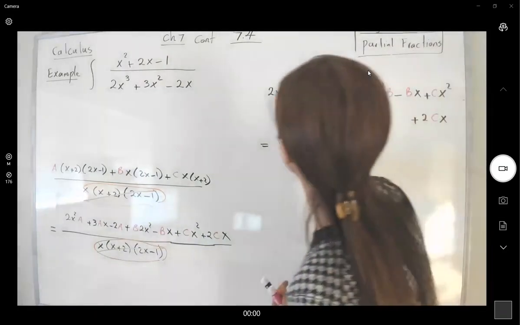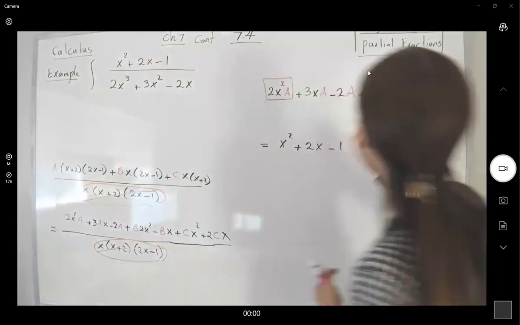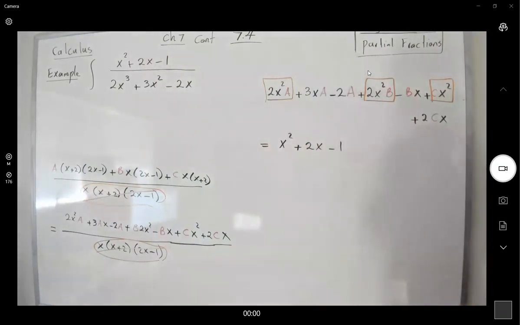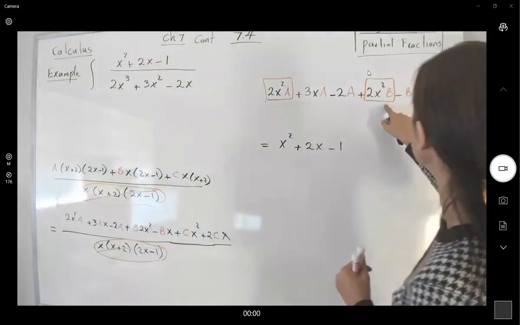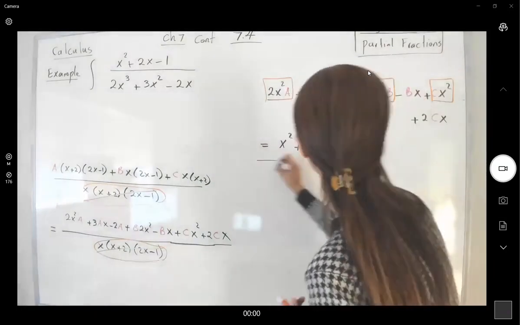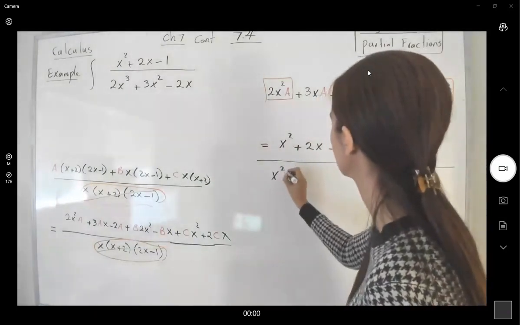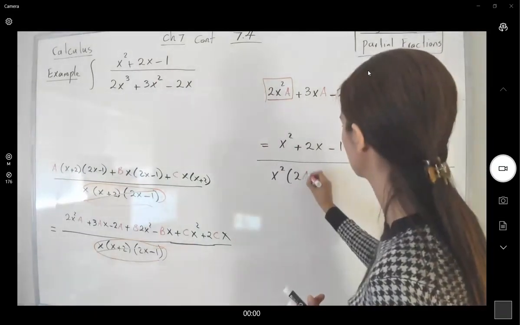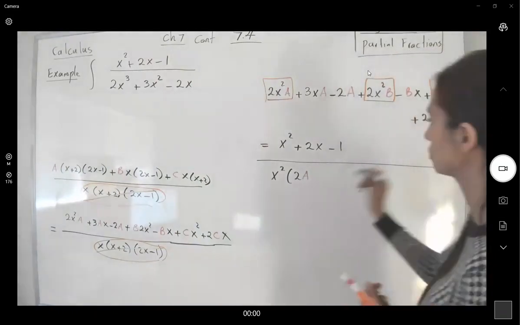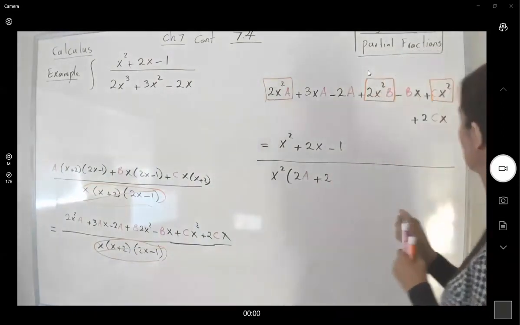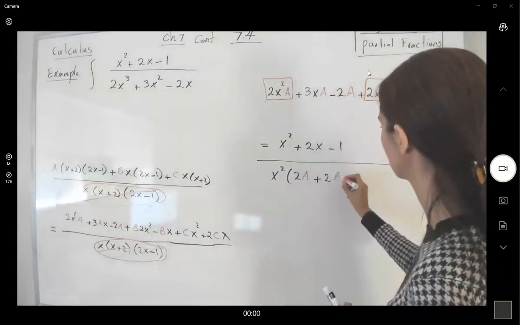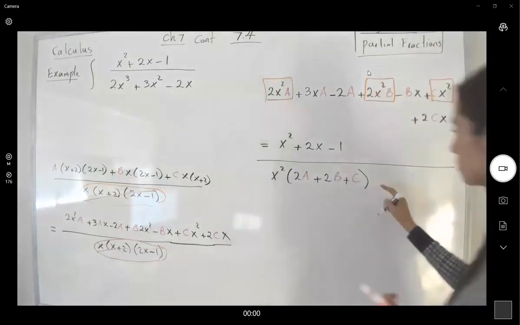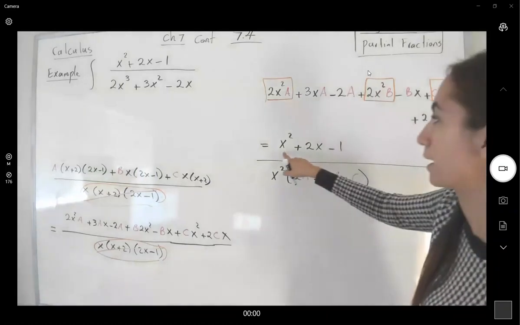Take a look at your quadratic terms: x squared and x squared. If you take out x squared, you get x squared times (2a plus 2b plus c). This is equal to x squared.